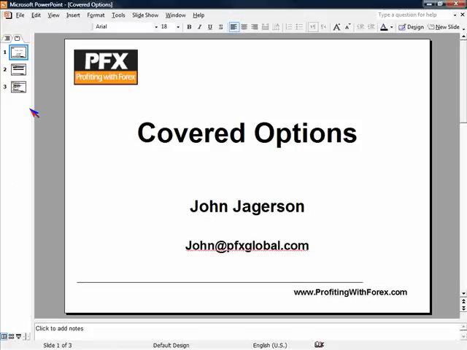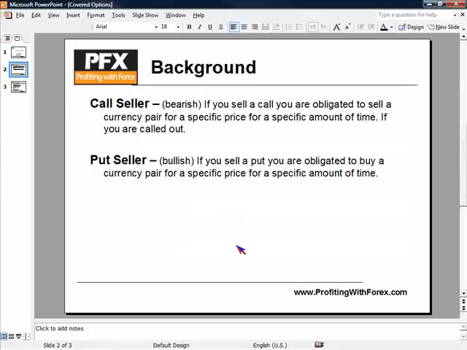So let me start to introduce what we're going to be talking about. I'm going to go to slide number 2. I want to give a little bit of background, and this is probably not new to all of you, but maybe new to some of you. We're going to be layering an option position against our spot position. So our spot Forex position, whether we're long or short, we're going to be putting an option position against that.